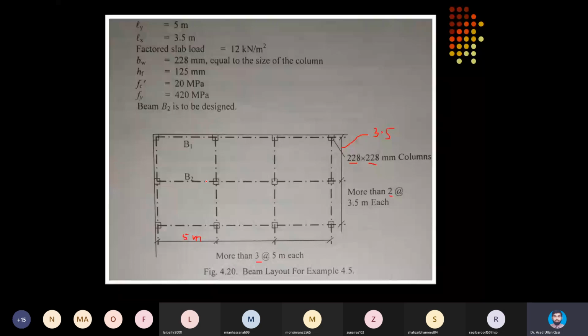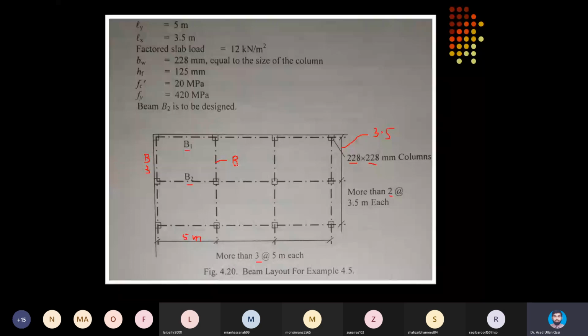2 of the beams along x-axis are marked on this beam layout plan, and there are 2 more beams which I can mark, like this edge beam along y-axis. I may mark it like B3, and this interior beam along y-axis B4.